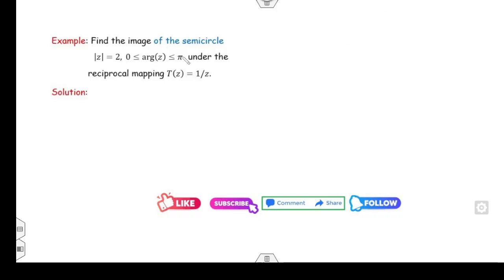Look at the next question. Now your target is to find the value of z. Fine. Again, firstly you can draw the semicircles. Radius is my 2, angle is 0, and this angle is pi. Fine. So I can start from w is equal to T of z. Is it okay?